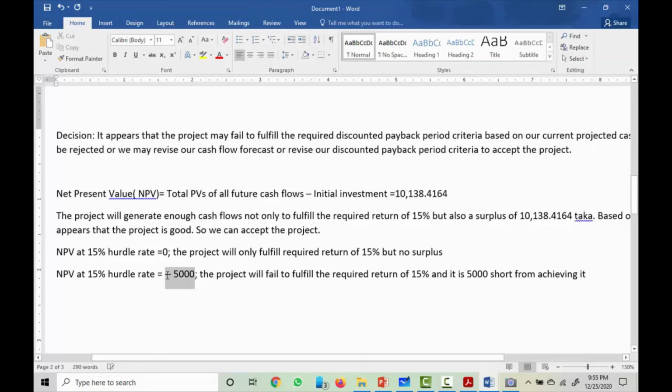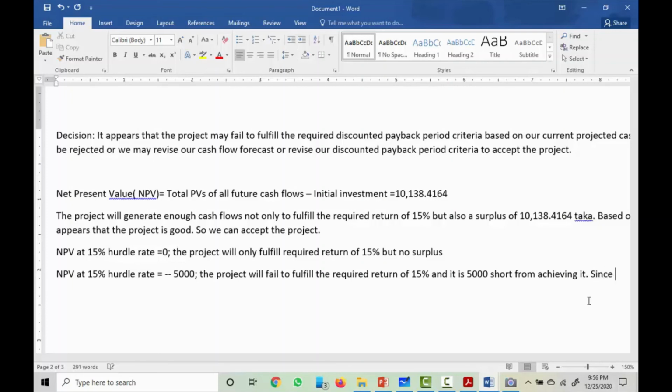So negative means we are short of 5,000 taka to achieve the 15% required return. So obviously the project failed to fulfill our required return, so it should be rejected.